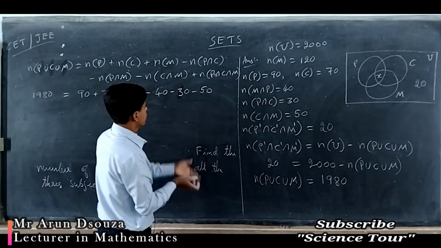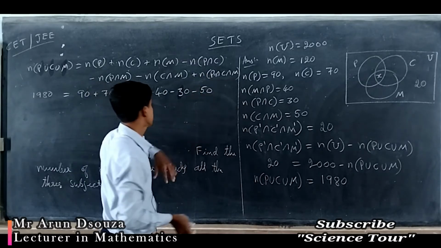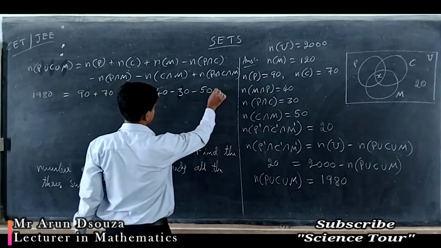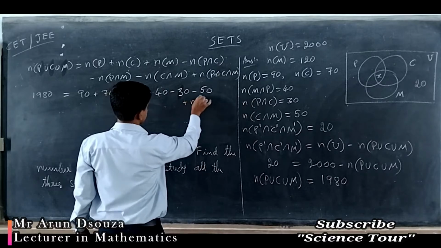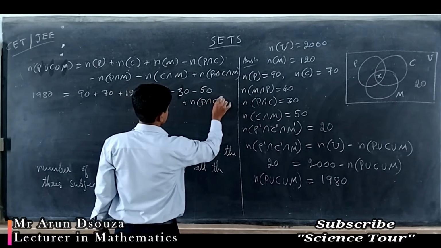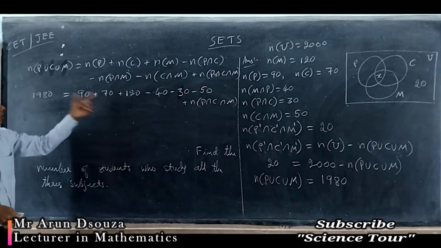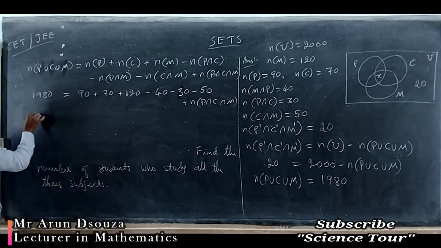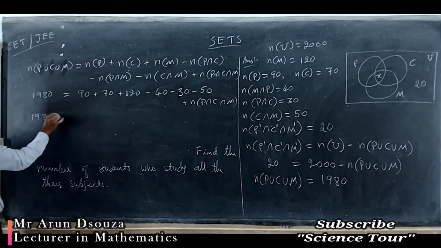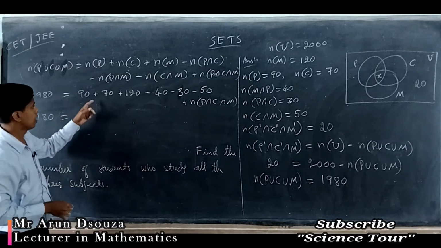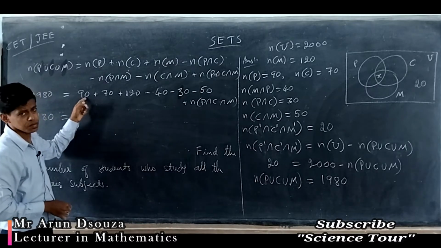Then what is this? We don't know, we have to find it. So plus n of P intersection C intersection M. Now bring all these things here. 180. Now understand, you have 90.